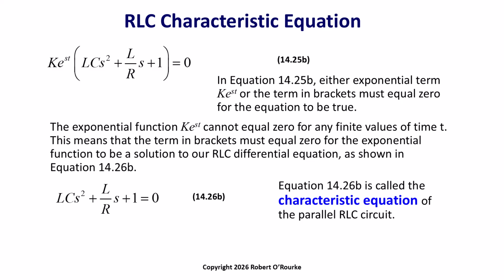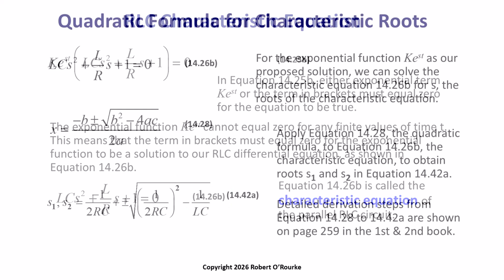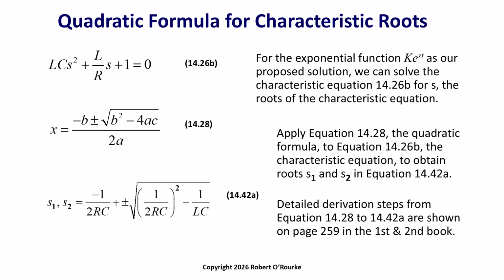Therefore, the term in brackets must equal 0, which we express in equation 14.26b as the characteristic equation. Solving the characteristic equation 14.26b for S, the complex frequency, will give us part of the information needed for the overall solution voltage. The other part will be the constants k.